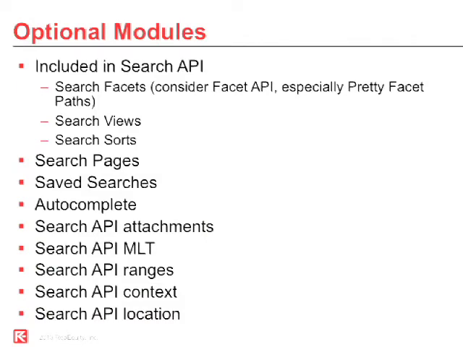So here's a list of optional modules that can extend Search API that are all available now. Of course, we talked about faceting already. If you do use faceting, we recommend the pre-facet pass module because it saves the state of the search a little bit better. Also, search views, search sorts, search pages, save searches, all these are available now to enhance the search experience on your site.